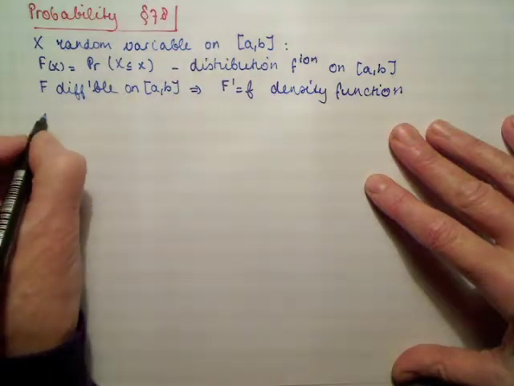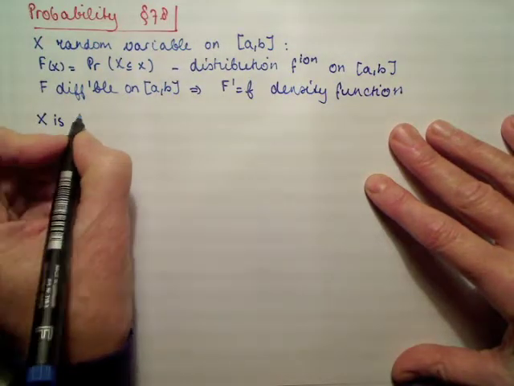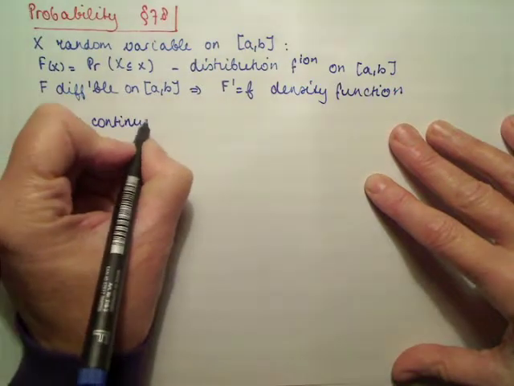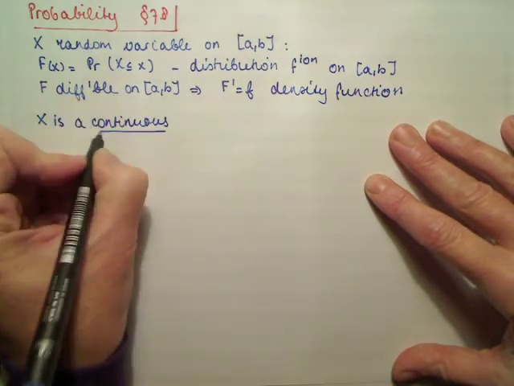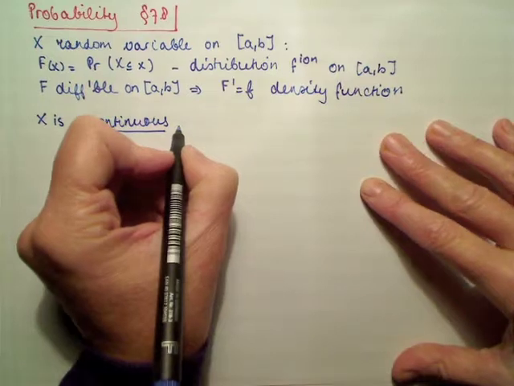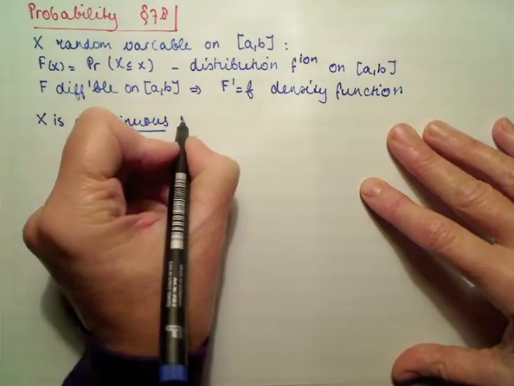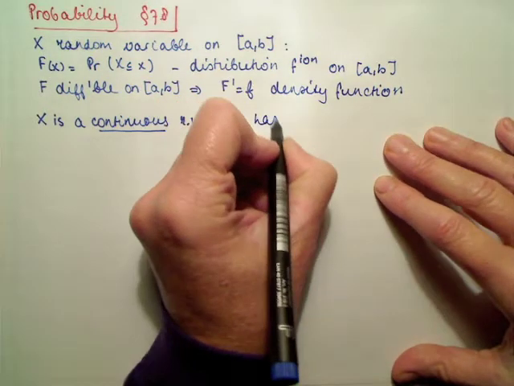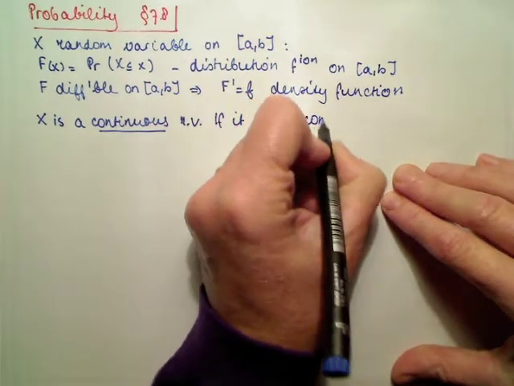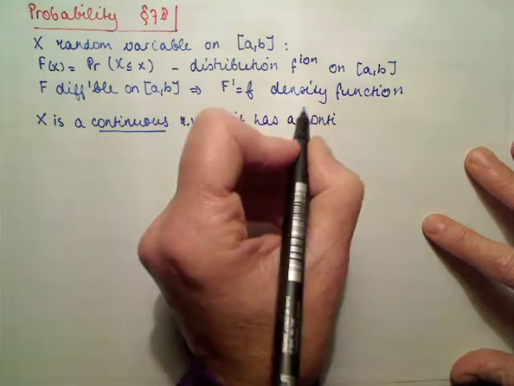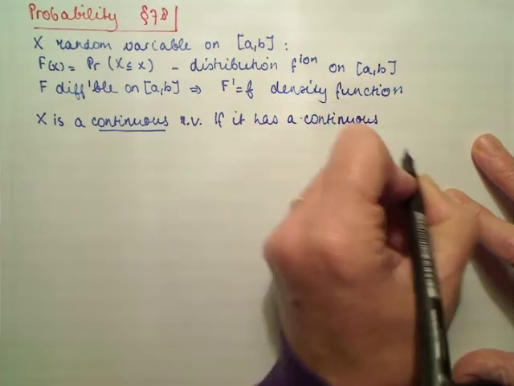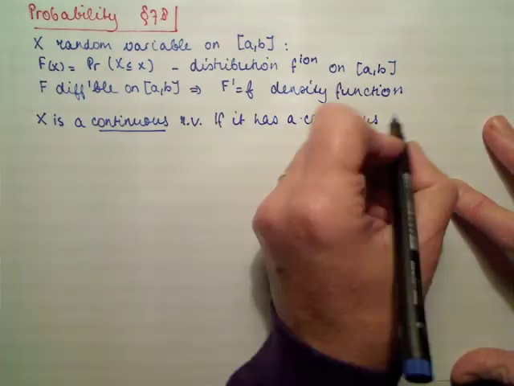And we call x a continuous random variable if it has a density function that is continuous. Of course, this continuity only has to hold on the interval AB, where x takes its values.